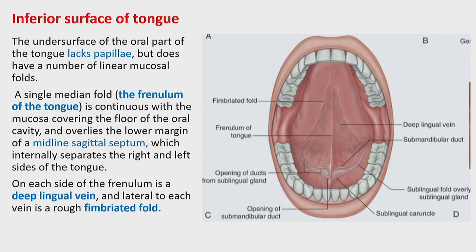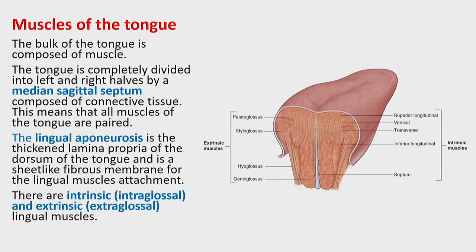For me, this is an exact diagnosis of inflammation of the salivary gland, and we have to treat it, remove the stone, and treat the cause and the inflammation. So all of this is the clinical importance for you.